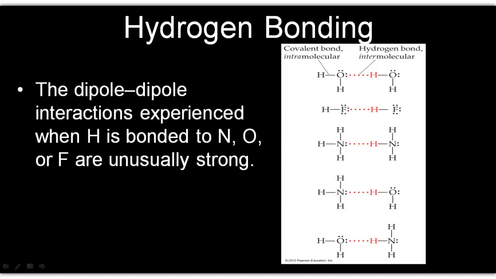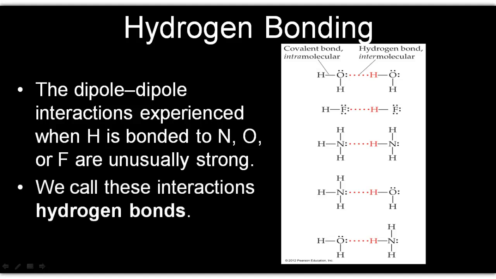If you have those three atoms in the mix, nitrogen, oxygen, or fluorine, and there's a hydrogen attached to it, you'll notice that this hydrogen has its electrons pulled away from it by this electronegative atom. It's kind of exposed.